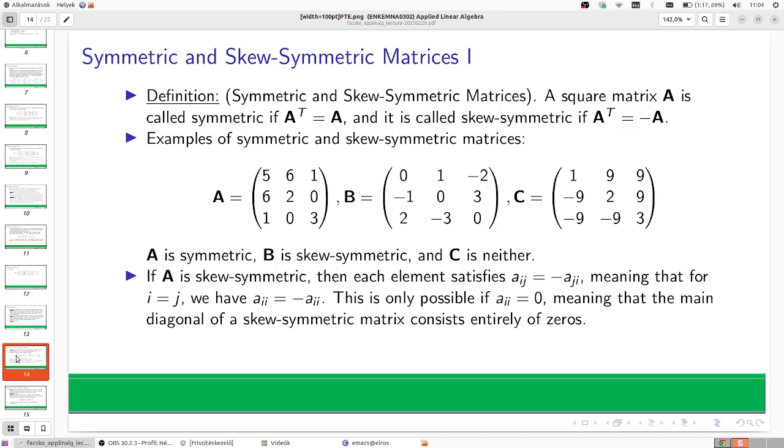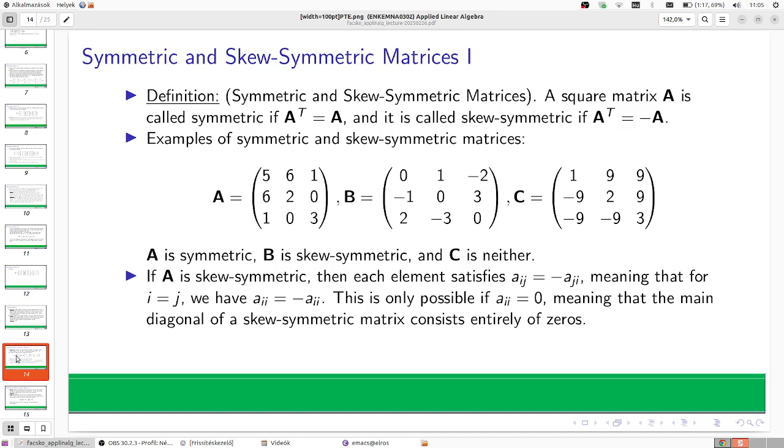So if you check the matrix A, then it's a symmetric matrix, because if you check the main diagonal, it's symmetric across the main diagonal, or I can say that I can transpose and I get the same matrix.